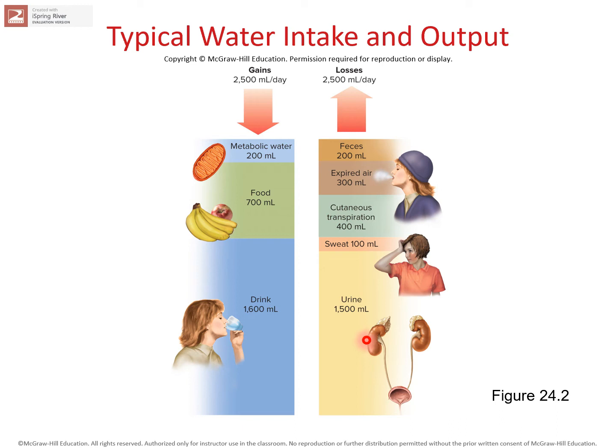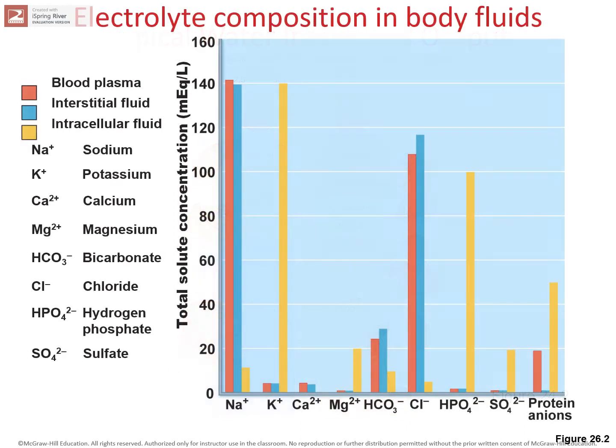Okay, so this graph shows the electrolyte composition in body fluids, and you can see that the x-axis is the electrolyte, the y-axis is the total solute concentration.